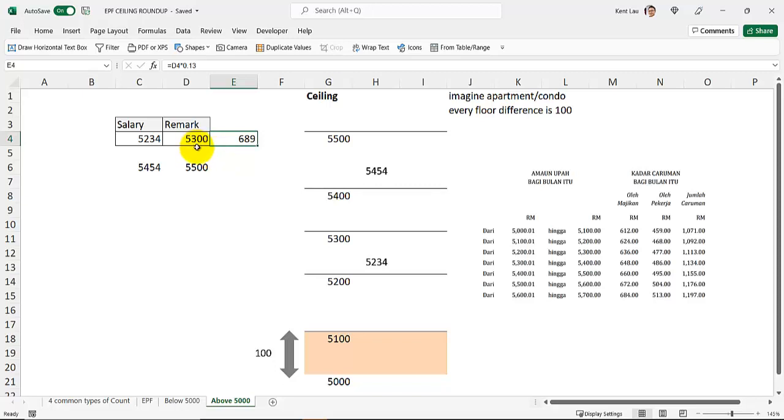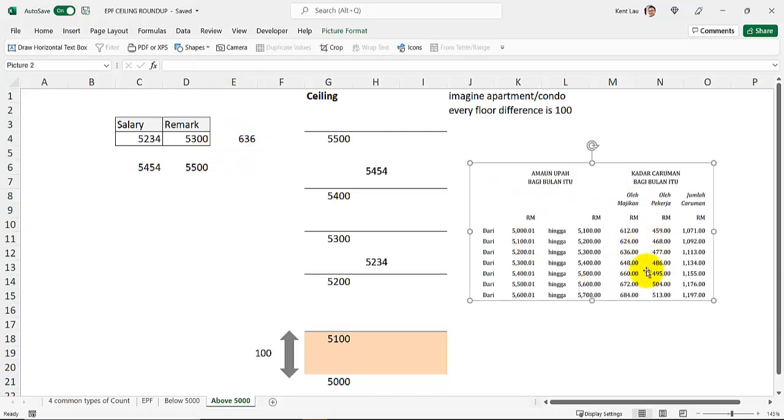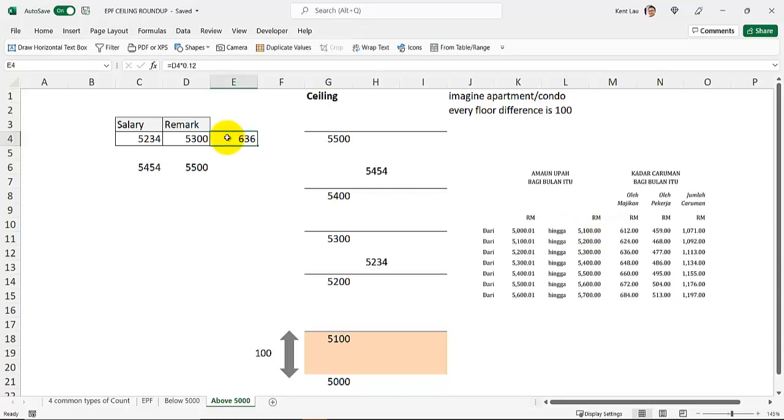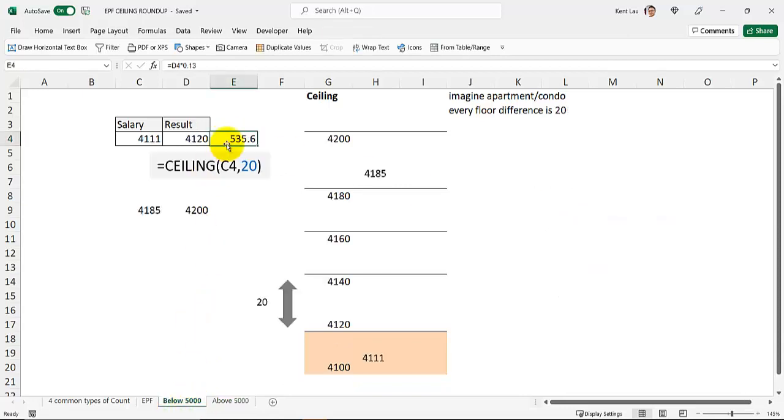And take a look at this. If it falls under this, it will be 636, because these are the older version, so it's like 12%. 636 is the draw from KWSP, 12%. And this one is this.